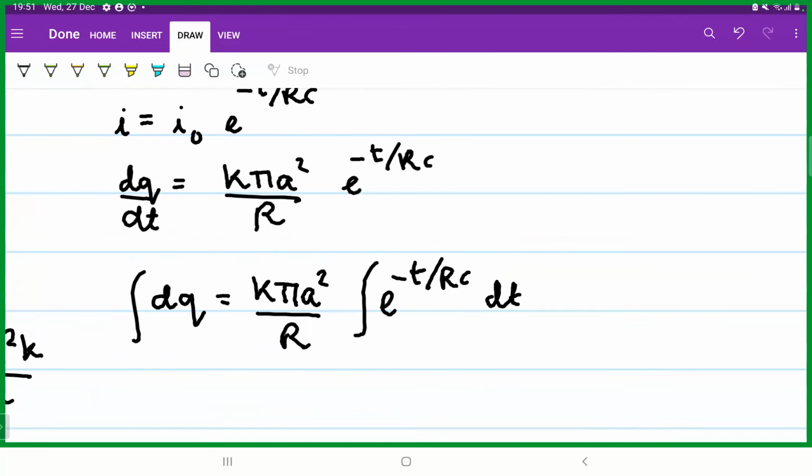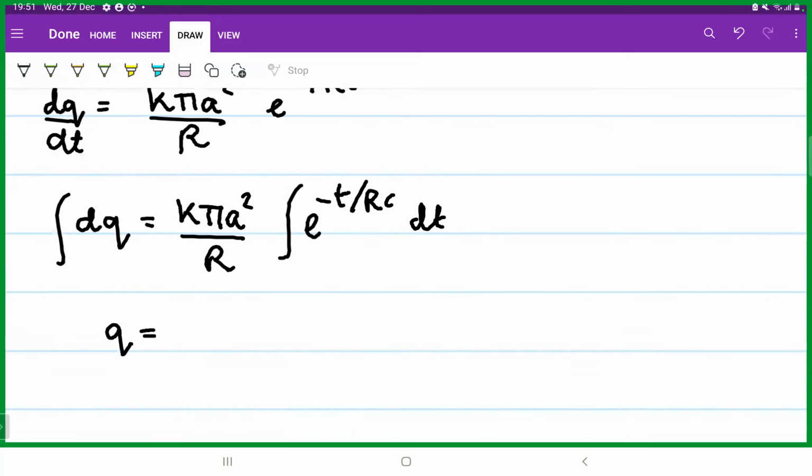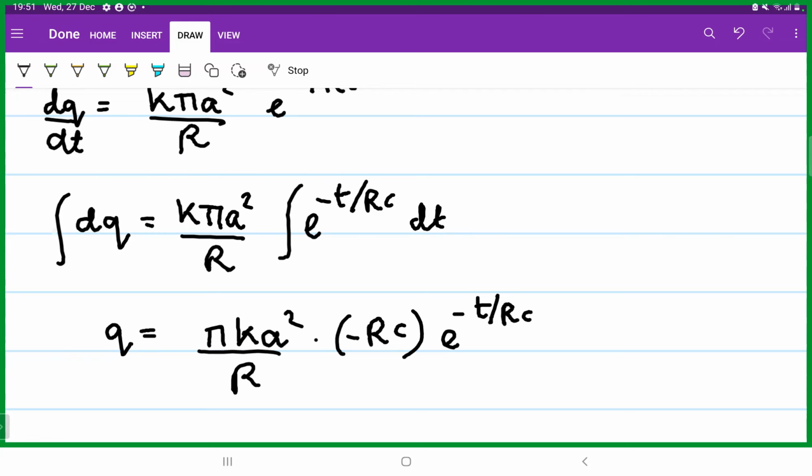Upon integrating we will get q is equal to πka² divided by R, into minus RC e to the power minus t by RC.